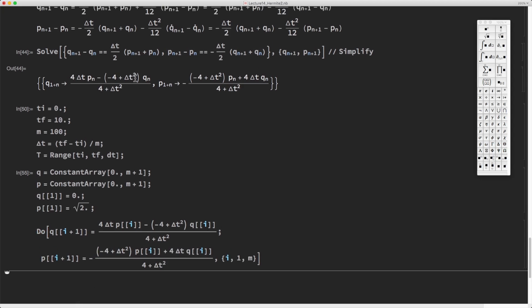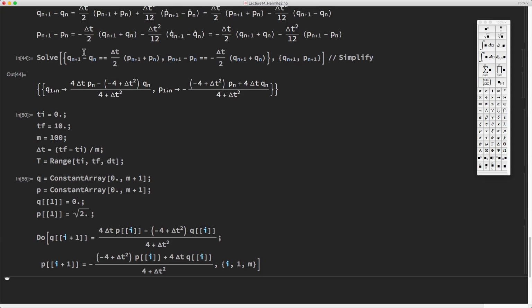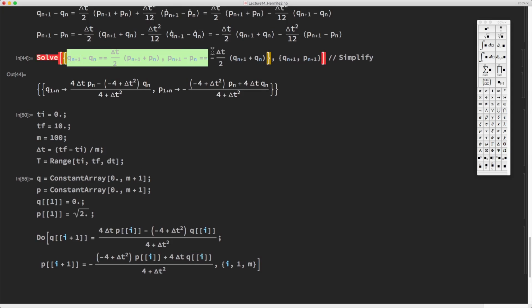And because this is a linear system, we took advantage of that and expressed these in terms of the old values. So what looks like an implicit system of equations here, with n plus 1 showing up in both sides of the equation, has been converted to an explicit system, but without any change in accuracy or any other property.